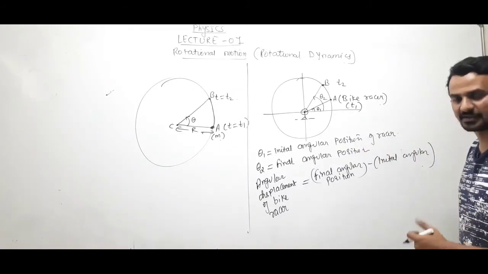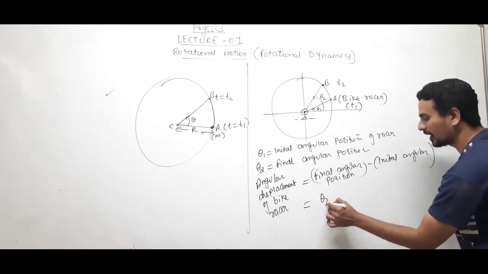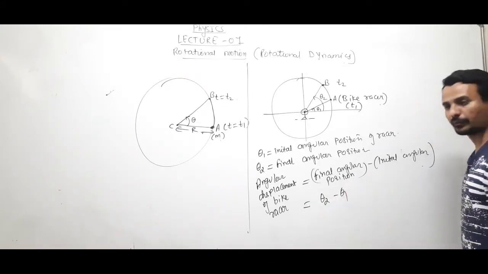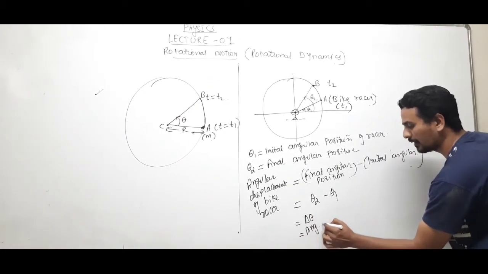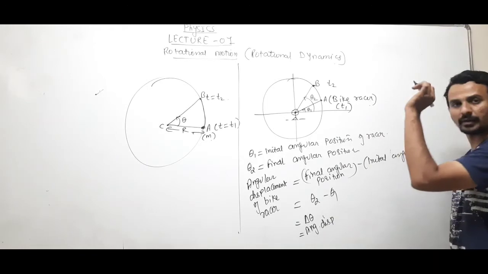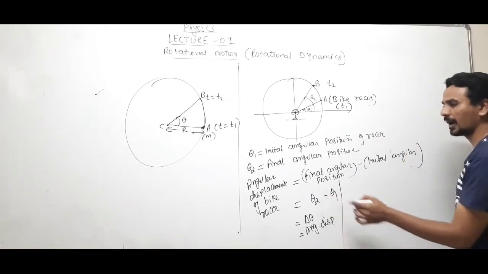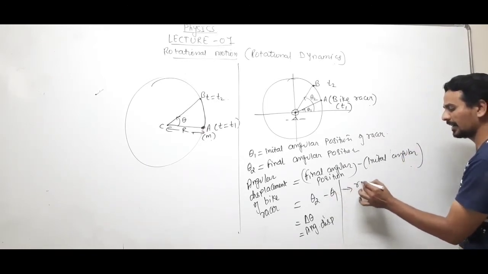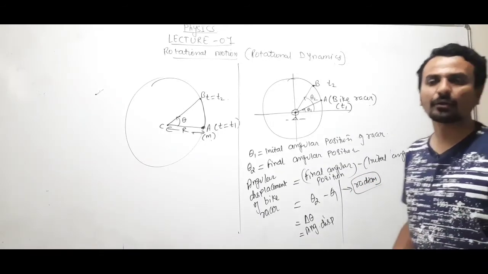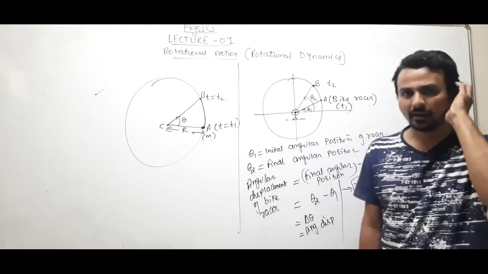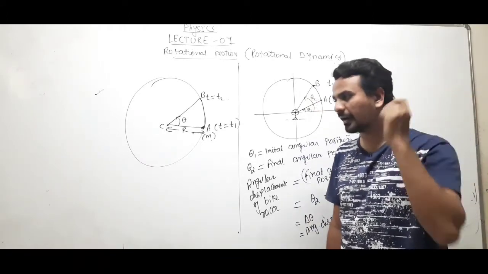So this will be theta 2 minus theta 1. Delta theta is termed angular displacement, right? Theta is measured in radian, so angular displacement will have the unit radian.